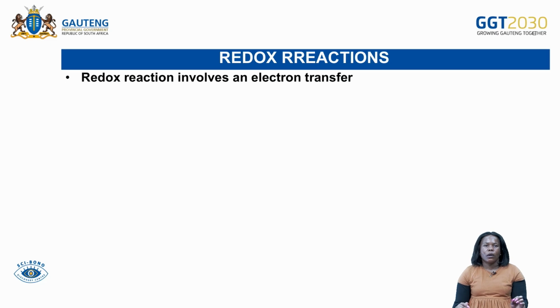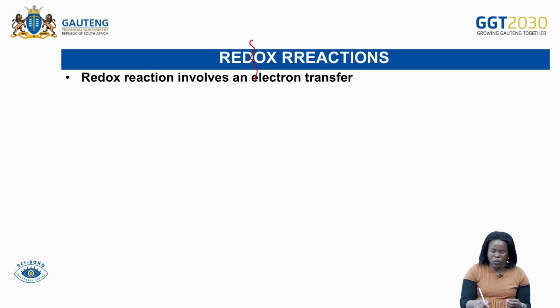Right, now, a redox reaction involves electron transfer. We spoke about that. As electrons are lost on the metals, they are gained by the non-metals. So these reactions happen concurrently. Hence, we had to break down the meaning of redox.